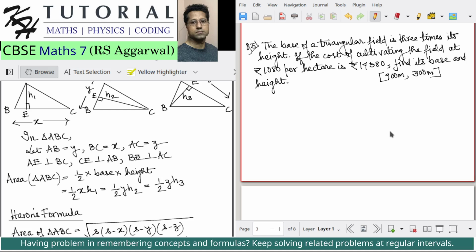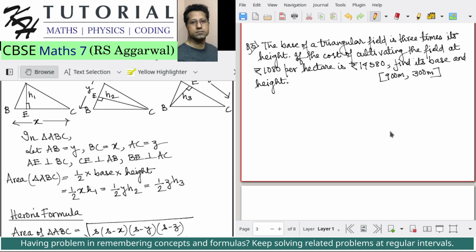Let me quickly see the chart of conversion of units. Where is hectare? Hectare is, okay, 10,000 meter square.